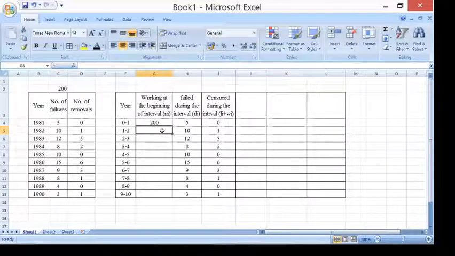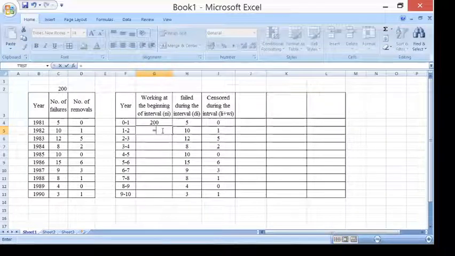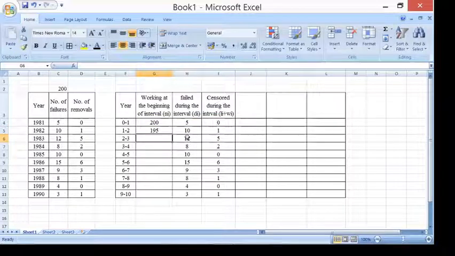So the number that appears will be 200 minus the sum of failed components plus censored components. Out of 200, 5 failed and 0 were censored. So at the start of the second interval, we will have 195 working engines.